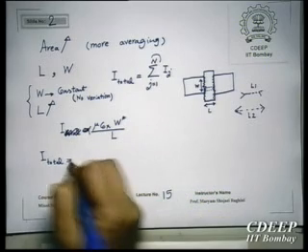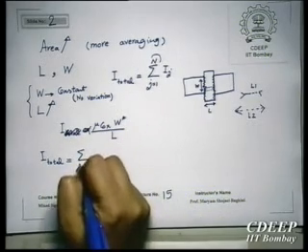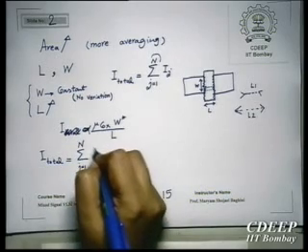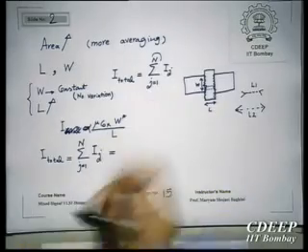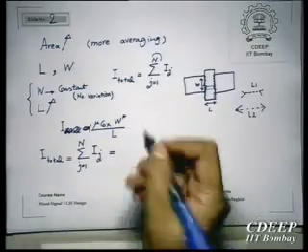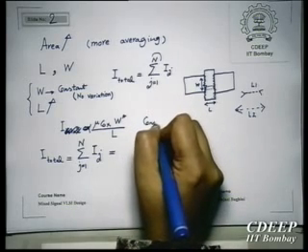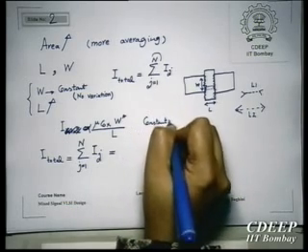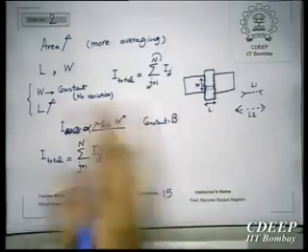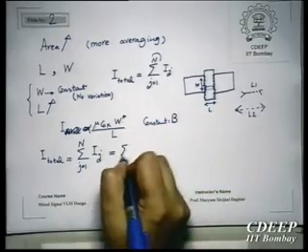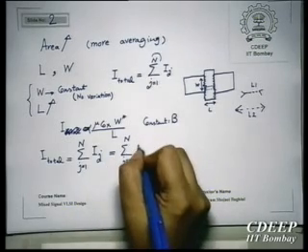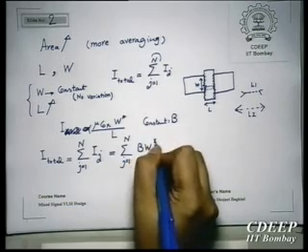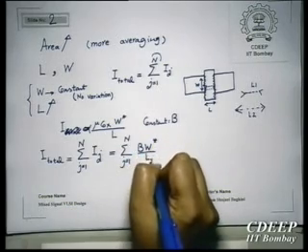Therefore I total, which is the summation of Ij, can get converted to some constant value. I use the constant B, which includes all these coefficients. So B times W star upon Lj.